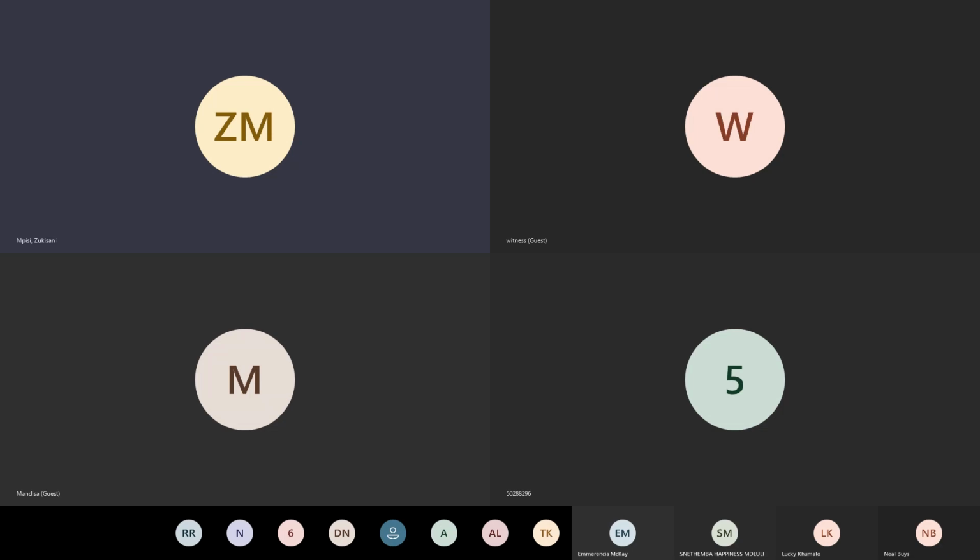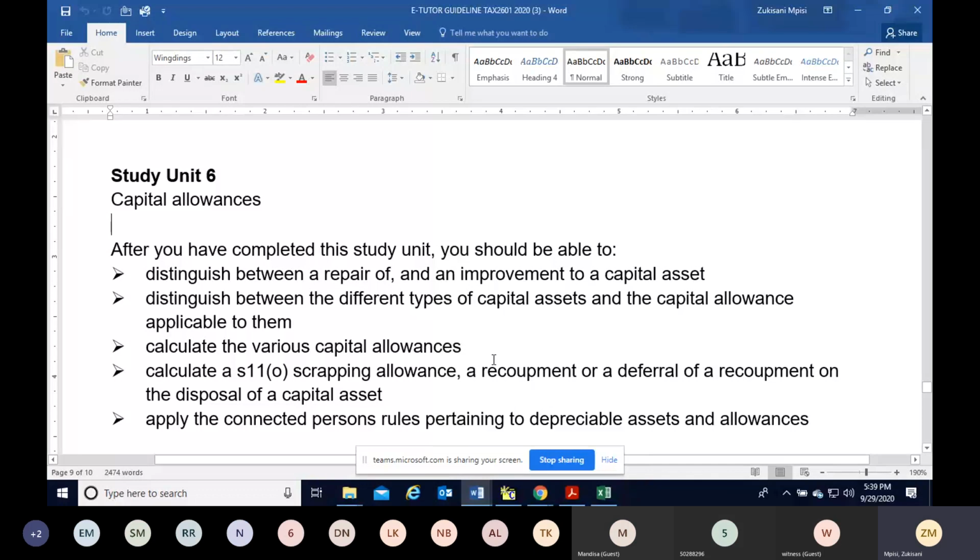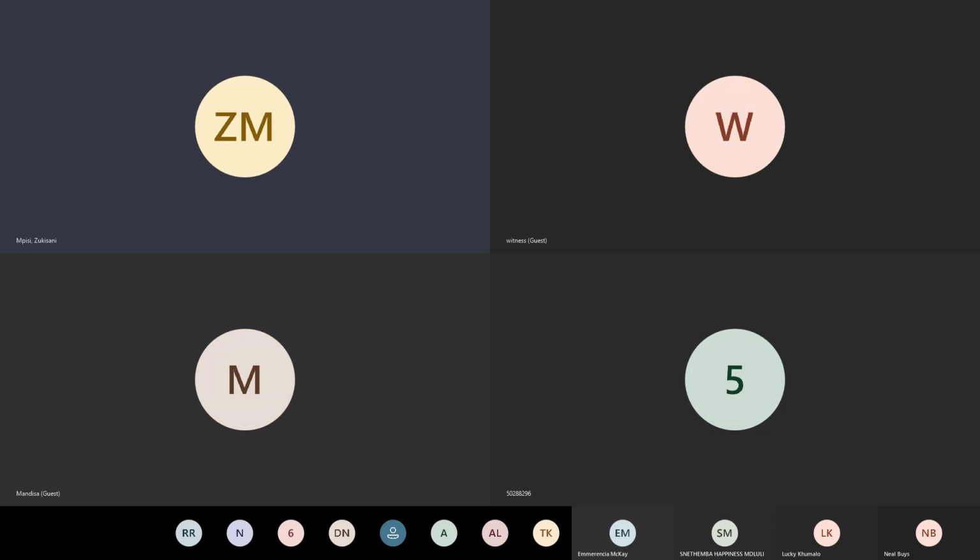Our goal today was to make sure that you can distinguish between a repair and an improvement, different types of capital allowances and capital assets, Section 11O, recoupment, and when a recoupment is deferred, and we have managed to cover it all.